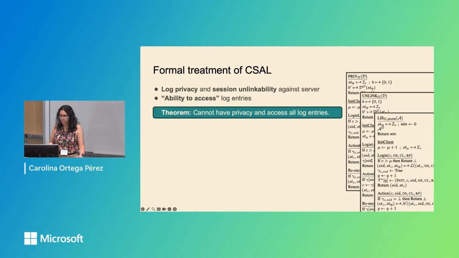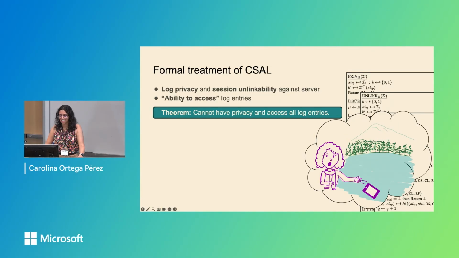And so, back to what I was mentioning during the re-encryption, we do have a theorem that says that you cannot have full privacy and retrieve all of the log entries. A simple way of thinking about this is if you have a device, you only use that device, and then that device falls into the lake.